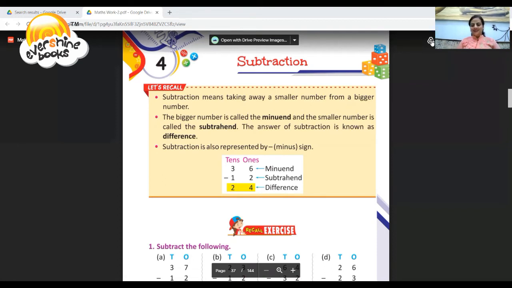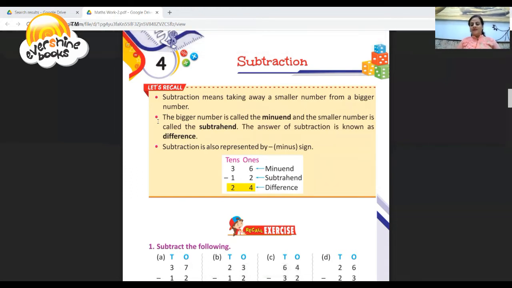So let's start. Let's recall, as you have done subtraction in your class 1, 2. Subtraction means taking away a smaller number from a bigger number. The bigger number is called the minuend and the smaller number is called the subtrahend.